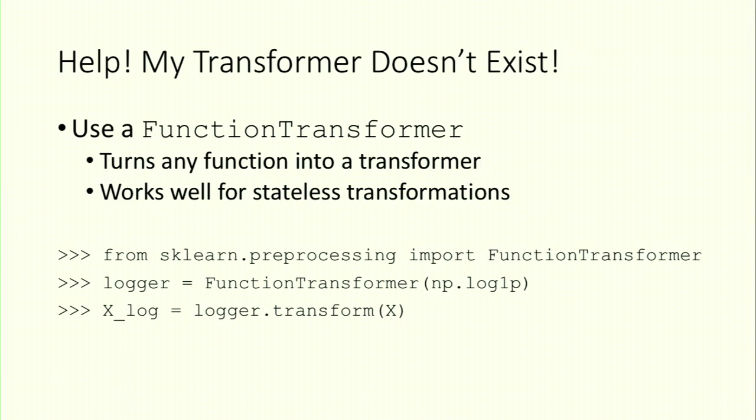So for example, we want to use this log 1p, which adds 1 to your x variable and then logs it. So it means that the zeros won't result in negative infinity values. So all you have to do is create a function transformer object, pass in that function, and then you can call transform with it.